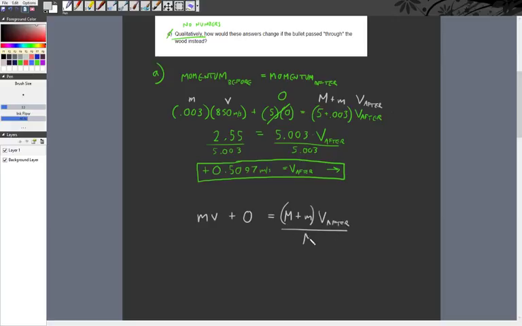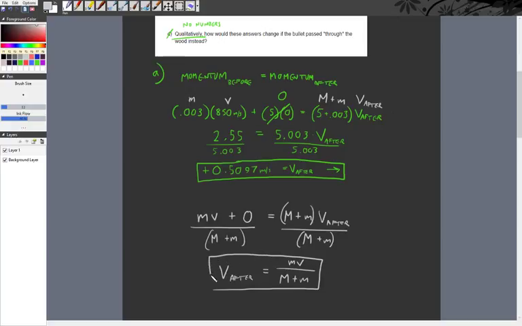And so we divide both sides by M plus m. Okay, we know it's going to be a number, M plus m, and we get V after is equal to little m, mass of the bullet, V, divided by M plus m.